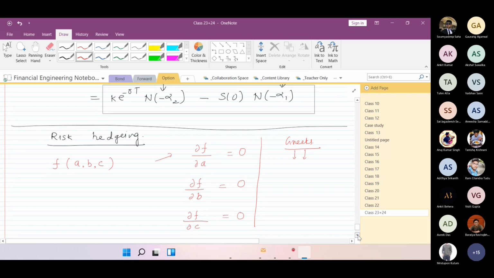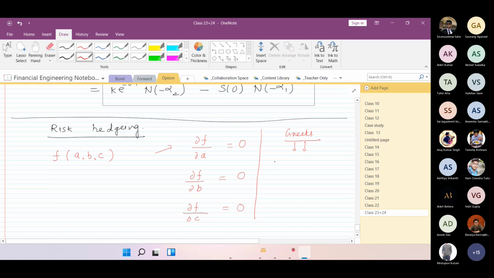And one more thing which I will be talking about next week is that, like we have taken three variables a, b, and c, if we have n assets, this I will prove in the next class, with n assets we can hedge risk for n-1 parameters or n-1 variables.